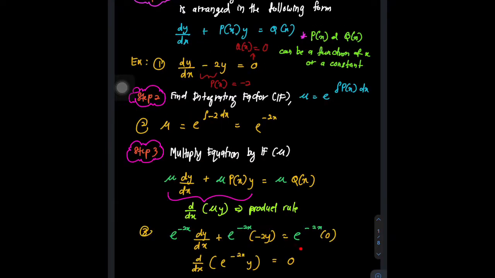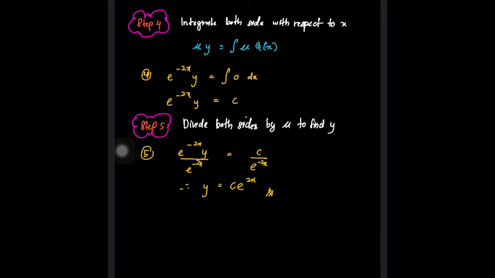Okay, next step, integrate both sides with respect to x. This is the last term that you got just now: the derivative of e power of negative 2x times y is equal to 0. So when you integrate d over dx of e power of negative 2x times y with respect to x, you will get back e power of negative 2x times y.